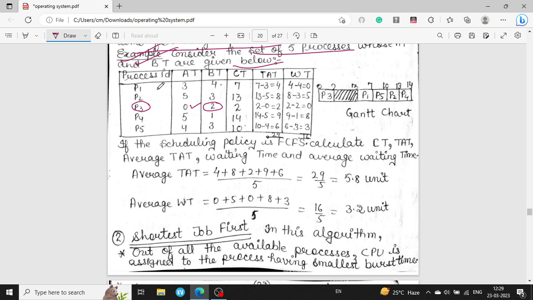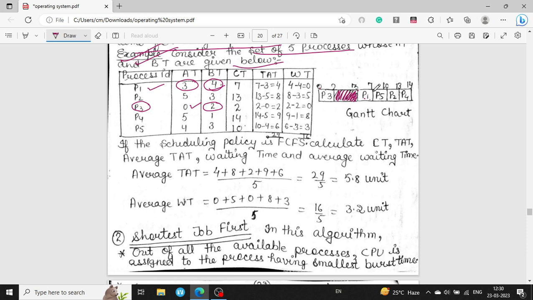After that, P1 arrived at 3 milliseconds. From 2 to 3 there is a gap. This is the idle time of the CPU, when the CPU is free. After that, we write P1 because at 3 milliseconds P1 came, and it used the CPU for 4 milliseconds and released the resources.